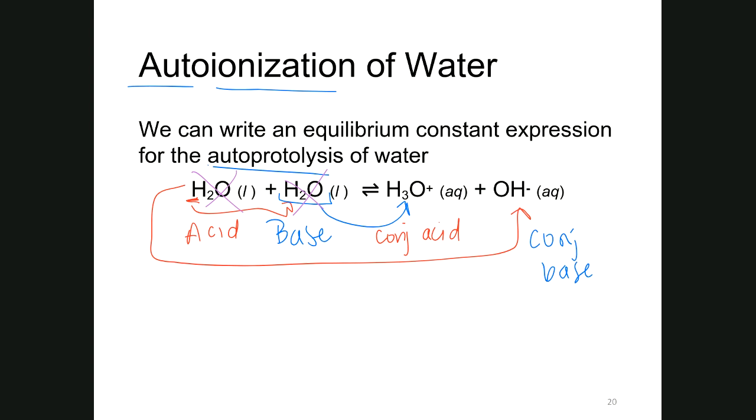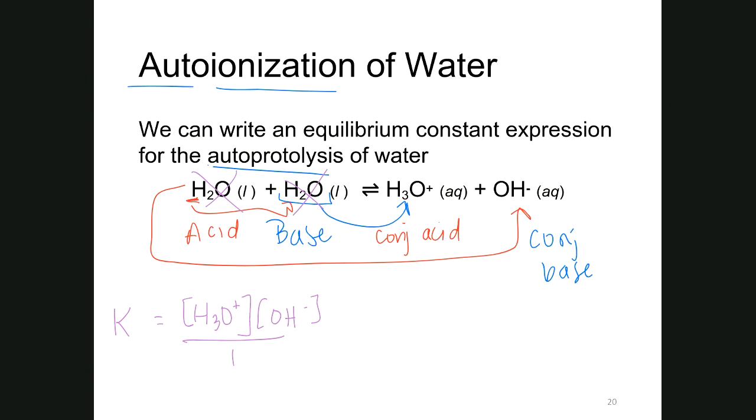So when we're writing K, it's the products, which is H3O plus, raised to its coefficient, which in this case is just 1, times the concentration of hydroxide raised to its coefficient, which is also 1. And then technically speaking, we would say divided by our reactants, but we don't have any reactants here to deal with. So if you want to write it over 1, you can. You don't need to write anything.